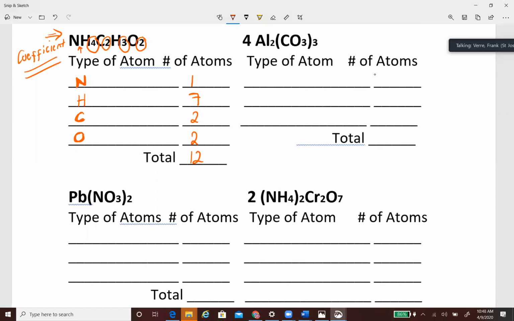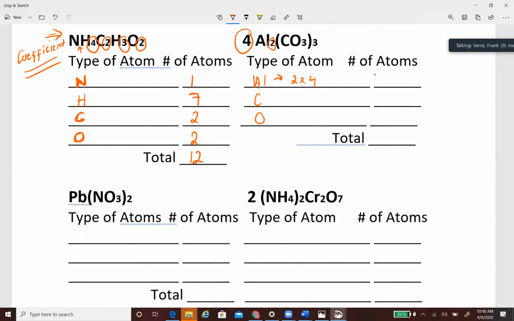Okay. If I look at the next example, it's Al, there is C, and there's O. Okay. Now, this one has a coefficient. So if I look at aluminum, it has a subscript. Okay. So the subscript is 2. Coefficient is 4.